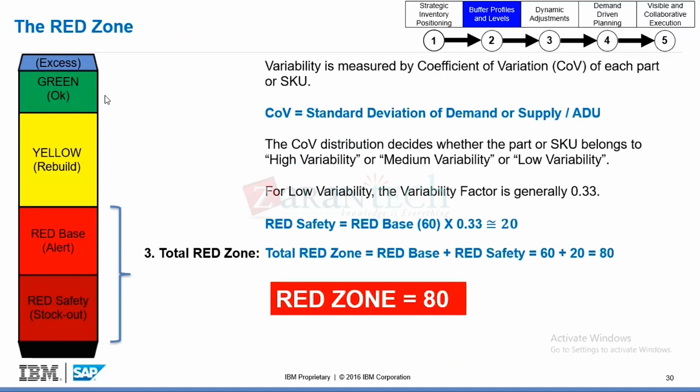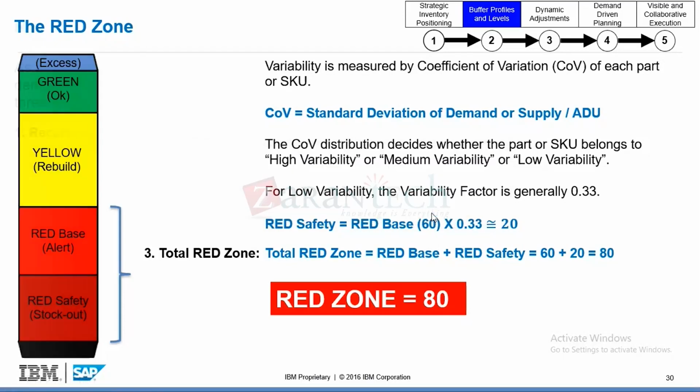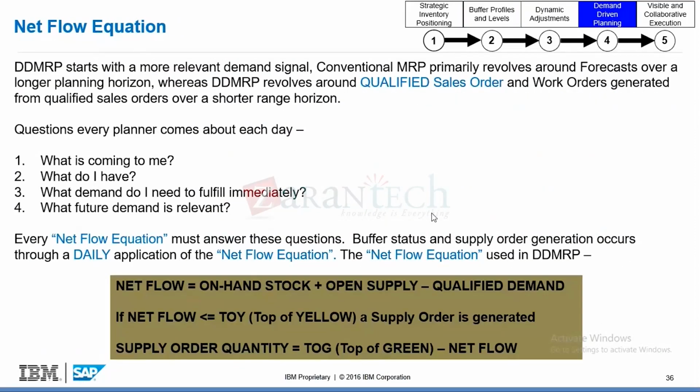So if net flow is less than or equal to top of yellow, then the order is generated, and that quantity will be top of green minus the net flow.